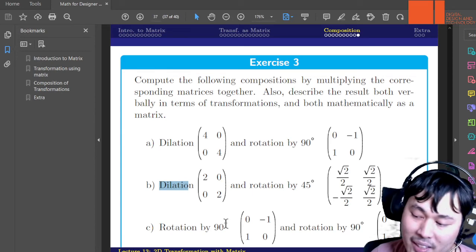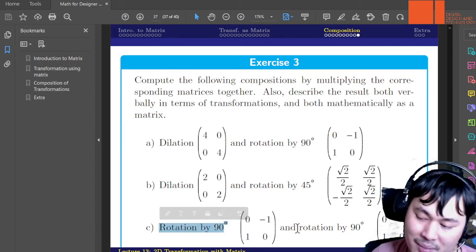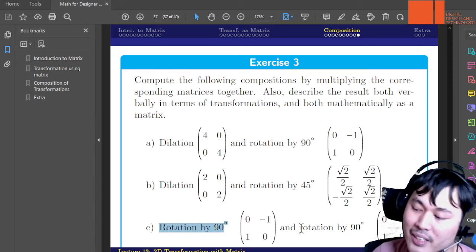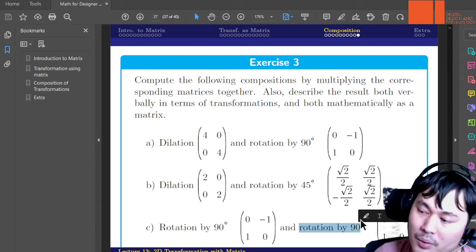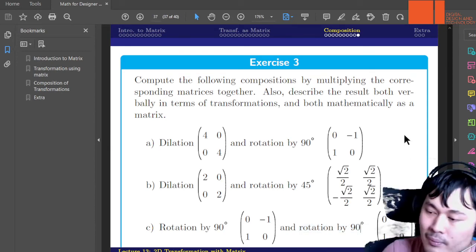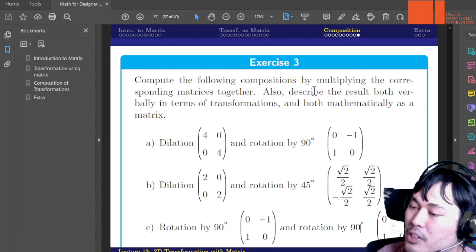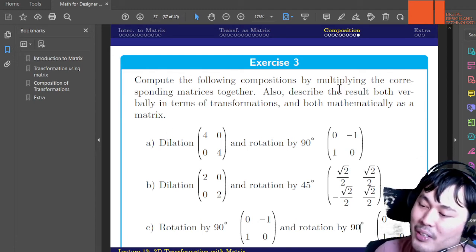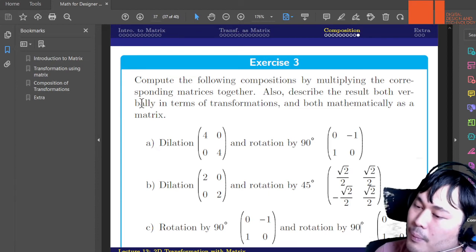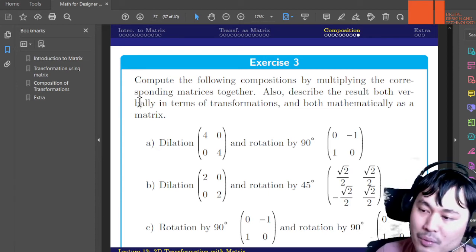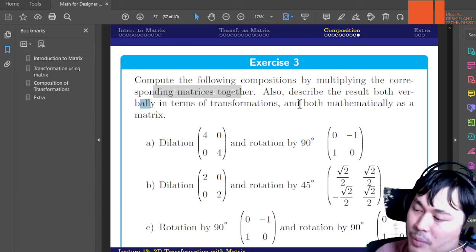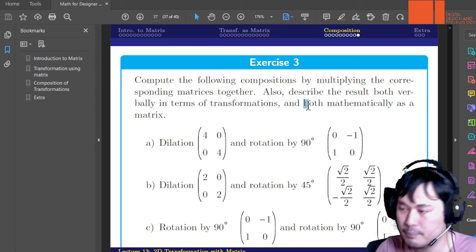If you rotate by 90 degrees and then rotate again by the same angle, 90 degrees, what would the result look like? And similar to what we just showed, you are asked to do it both verbally, imagining what the result would look like, and mathematically using the matrix.